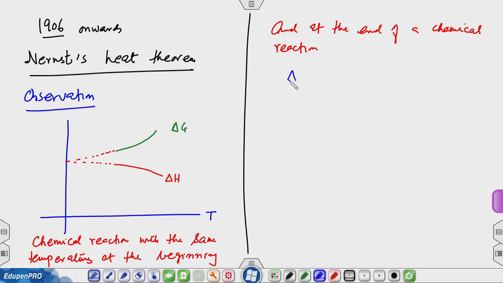So, delta G, which is delta H minus T delta S, let me write T same at the end points.